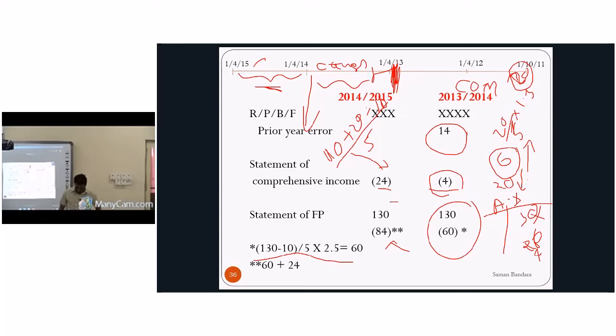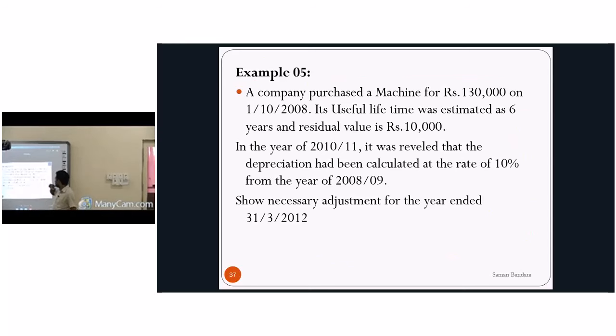You can remember last week or one week before we did how to do adjustments for change in useful lifetime and change in depreciation method, etc. So therefore, I don't want to do it again, but just see. It's again something about errors.